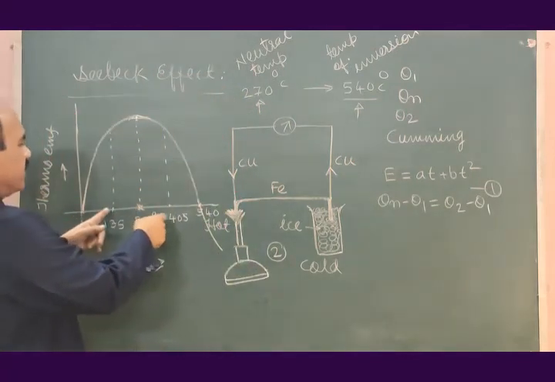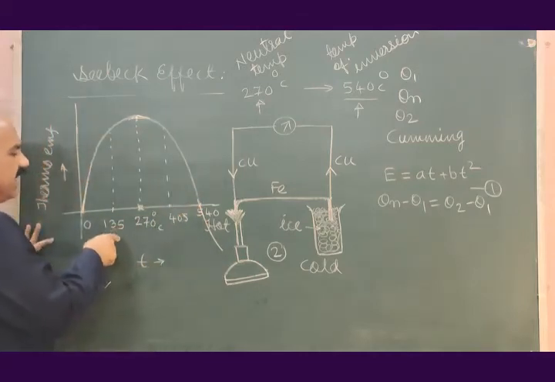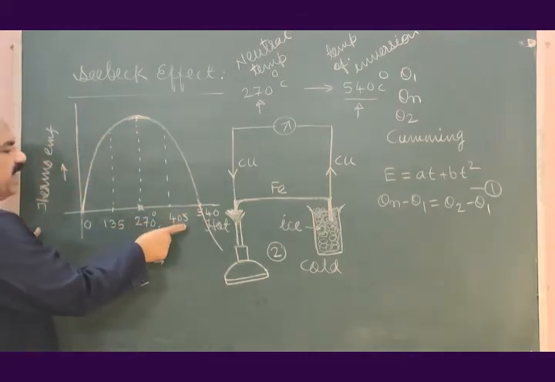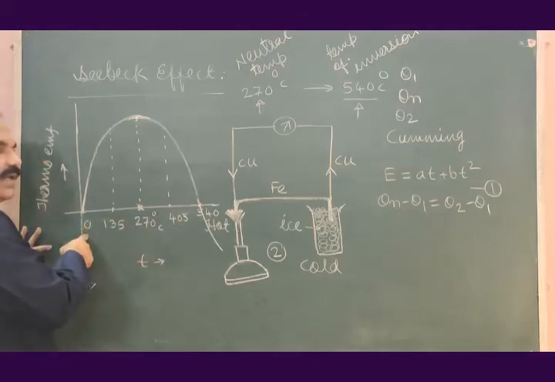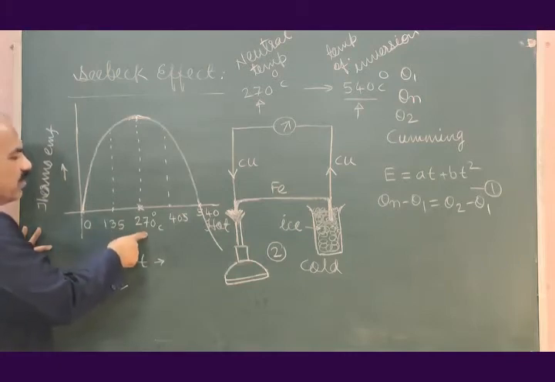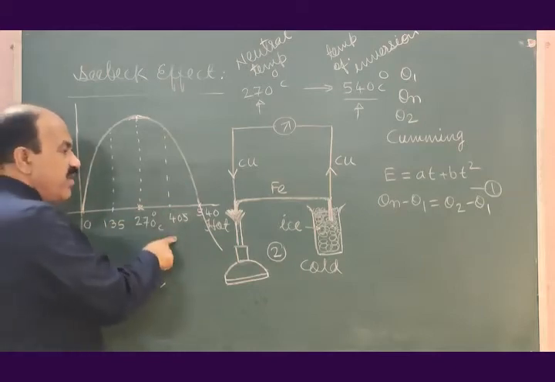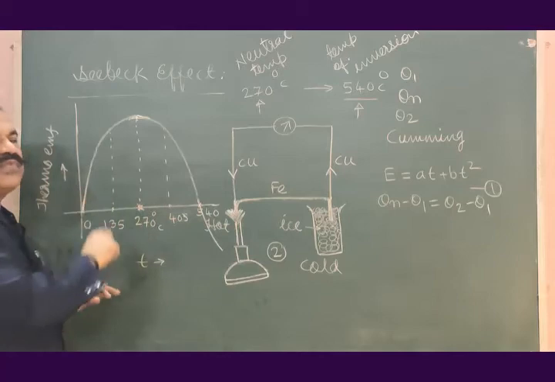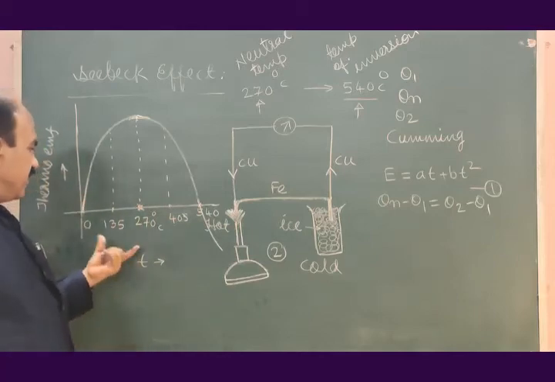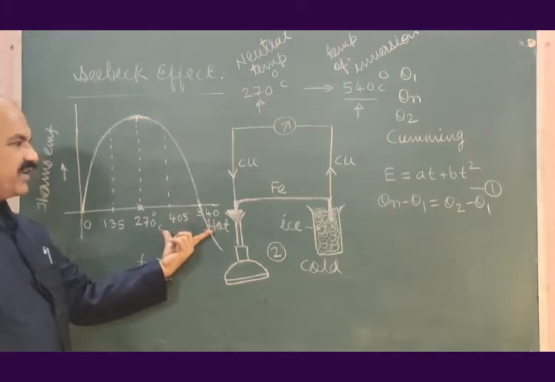This temperature difference is always equal to this temperature difference, meaning that by the amount the temperature of the cold junction is below the neutral temperature, by the same amount the temperature of inversion will be above the neutral temperature. Therefore, this difference must be equal to this difference.